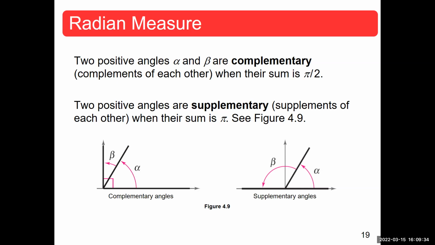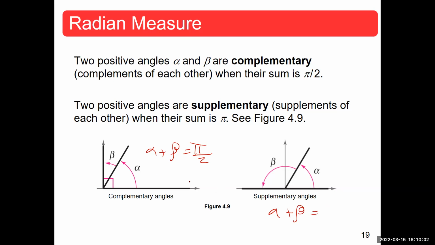Then another definition: complementary angles and supplementary angles. Complementary angles: alpha plus beta equals pi over 2. That's complementary. Supplementary: alpha plus beta equals 180, oh no, 1 pi.